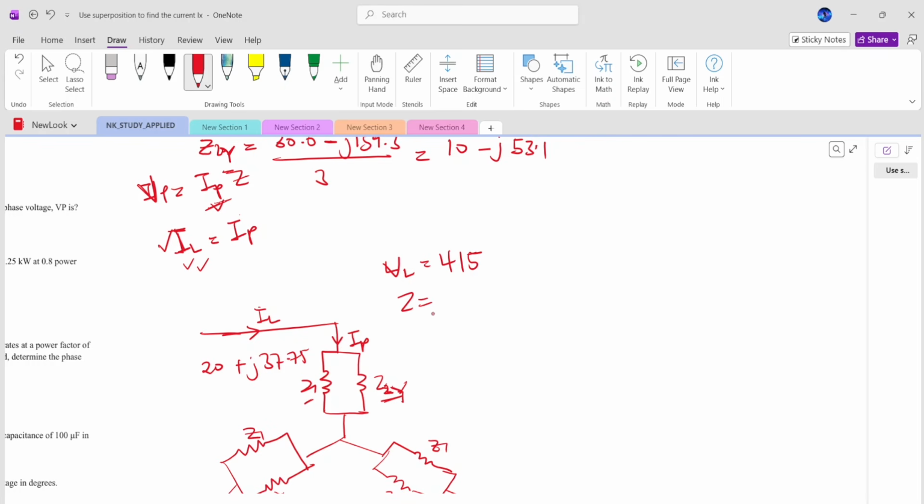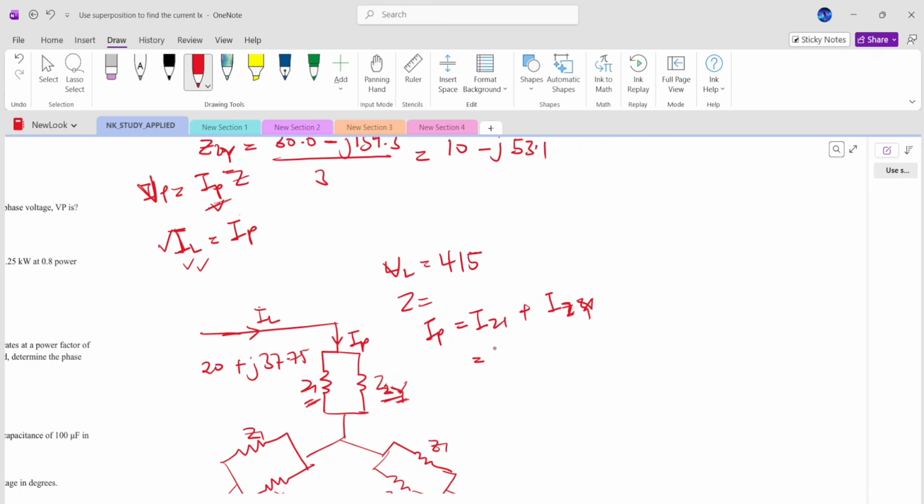So the current IP is the sum of the current in Z1 and the current in Z2, IZ1 plus IZ2 star.